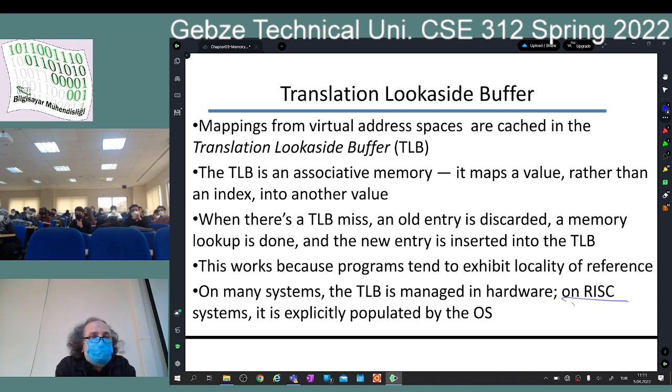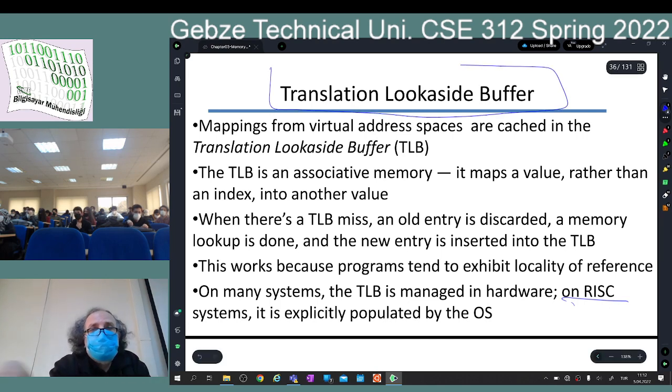So on RISC machines, this TLB is populated by the operating system. So the operating system can make it more efficient and more effective. That's why we are looking at this TLB structure, because for RISC machines we are doing it that way.